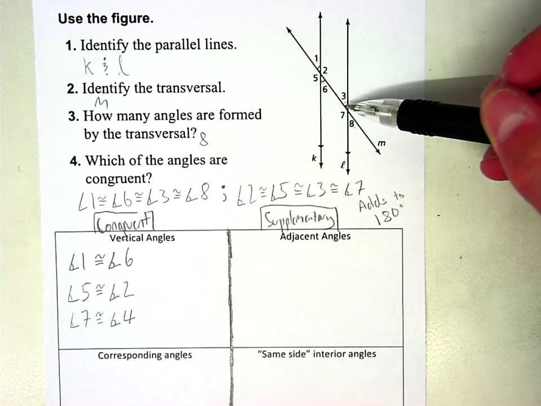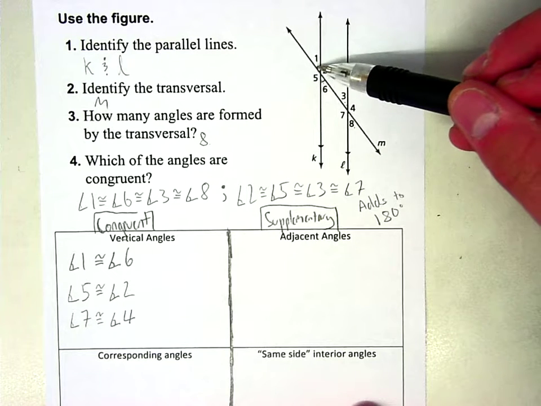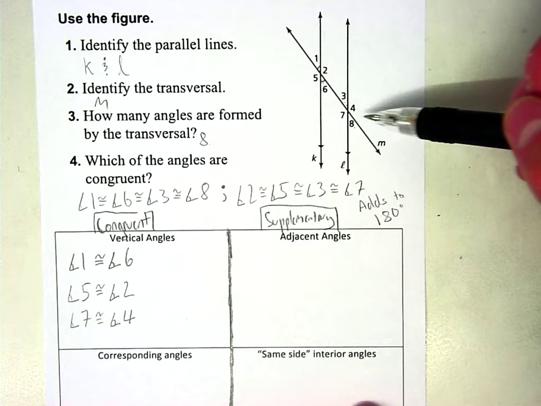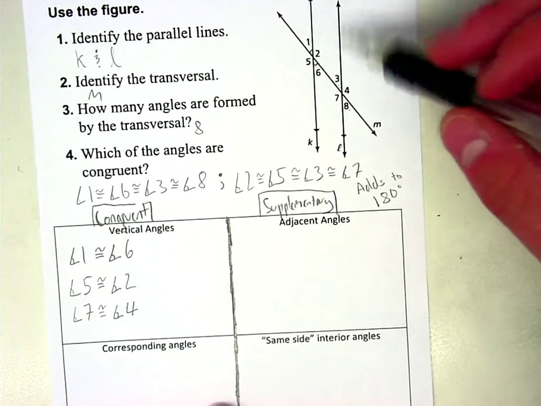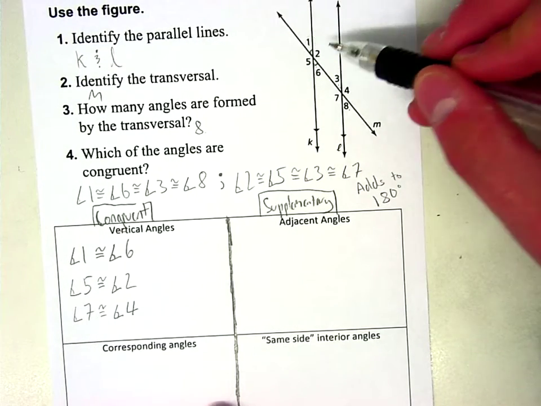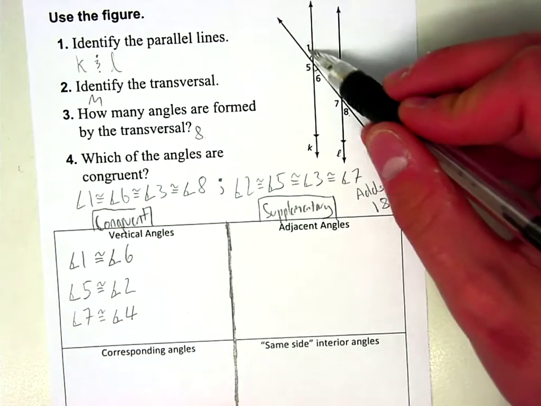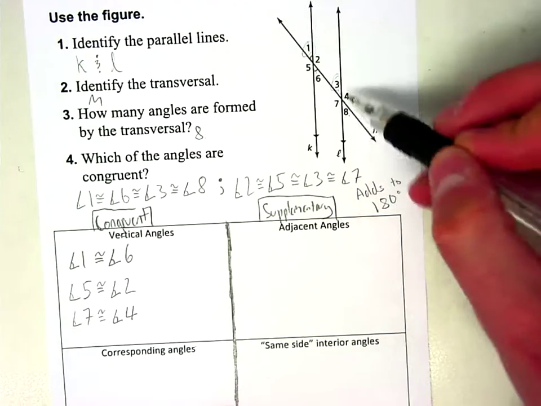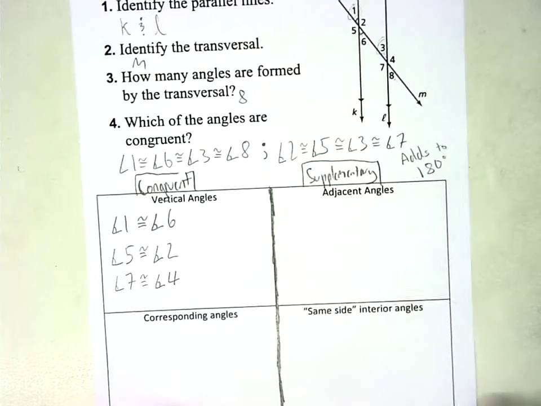There's one intersection, there's another intersection. Now, pairs of angles that fall in the same corner of their respective intersections are corresponding. So, like in this case, I can look at angle 1 and angle 3. See how those are both in the top left corner of their respective intersections? I think that's the easiest way to identify them. Anyway, corresponding angles are congruent.